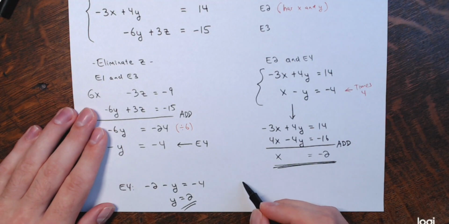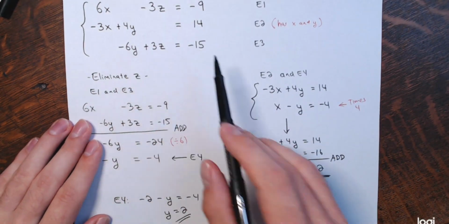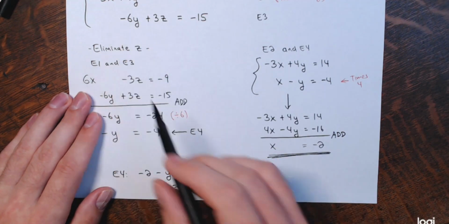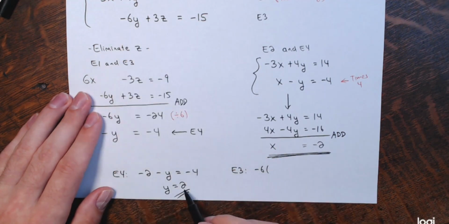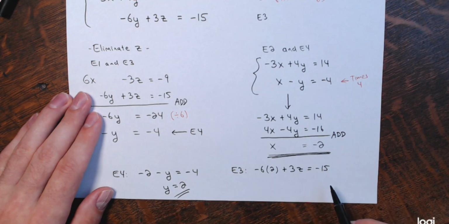And then I can go to any of the equations from the top. I'll just go to equation 3. We have negative 6 times y, so negative 6 times 2, plus 3z equals negative 15. And this is negative 12 plus 3z equals negative 15, so z must be negative 1.